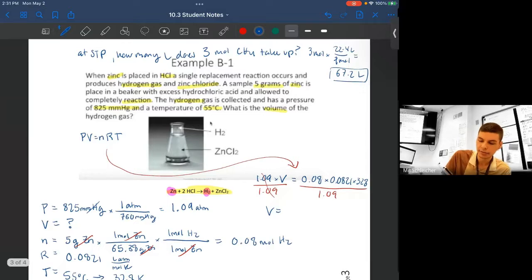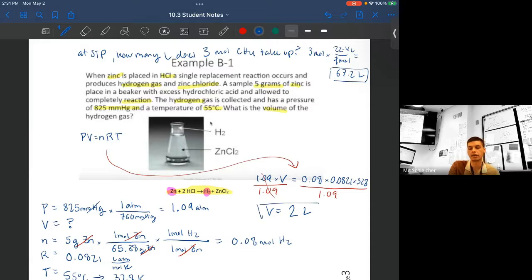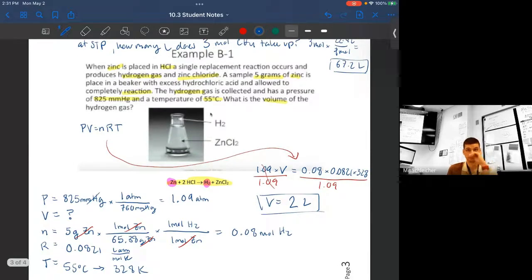Gets you about 2. 2 what? Two liters, exactly. And that would be my final answer for this problem. Just 2 liters. I rounded to 1 digit there. We weren't expected to be too precise for this one.